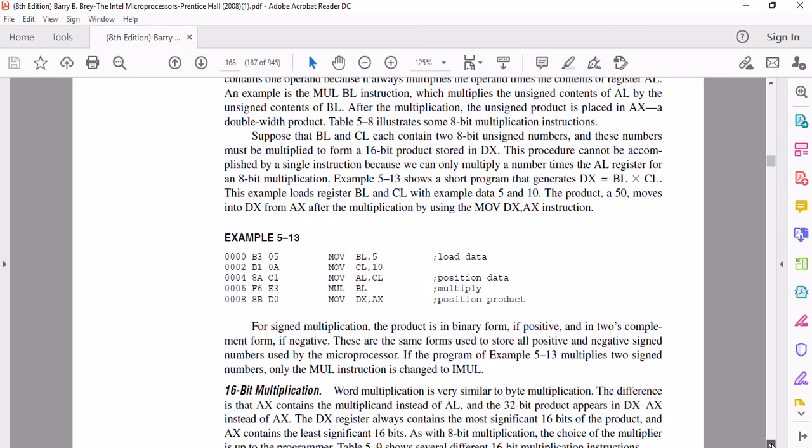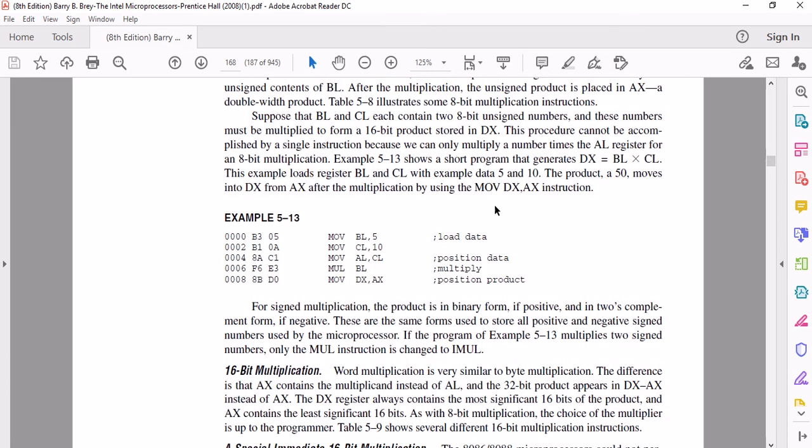Here is an example ready to code. We need to multiply two numbers, 5 and 10. So first we move the value 5 in the BL register and then move the value 10 in the CL register.